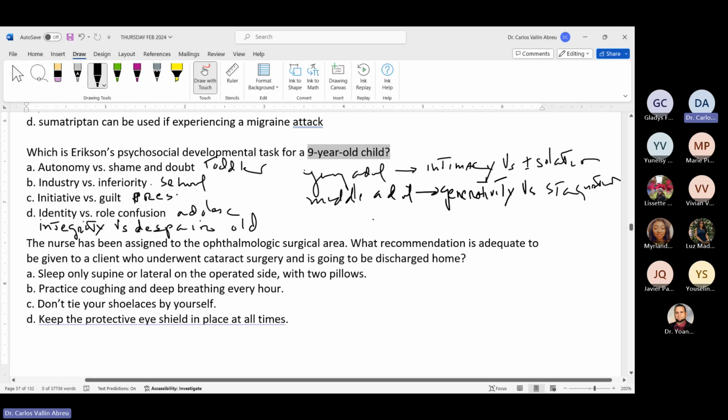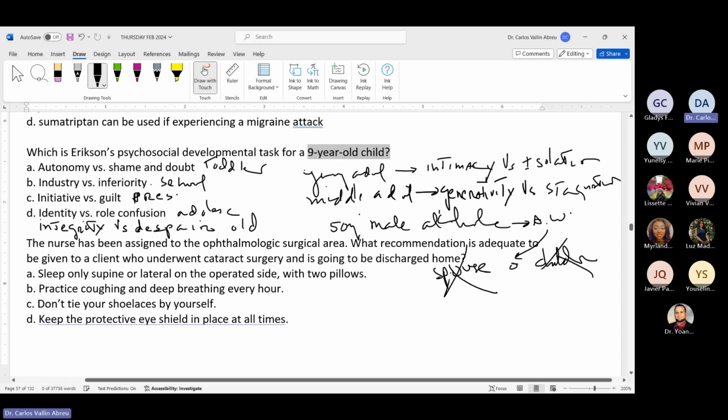If I say that I have a 50 years old male alcoholic that is admitted for alcohol withdrawal and is not visited by the spouse, by the wife, or his children, because they don't want to know anything about him.